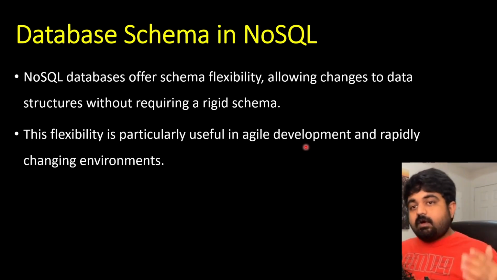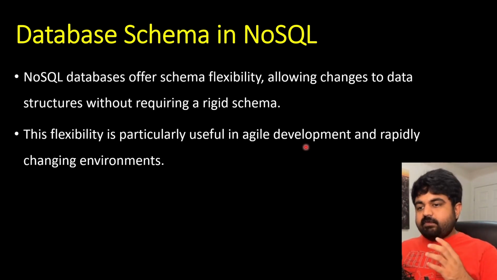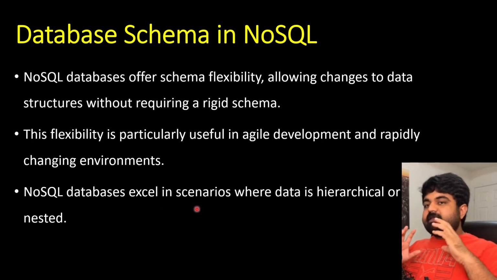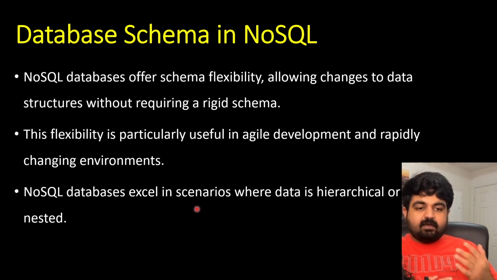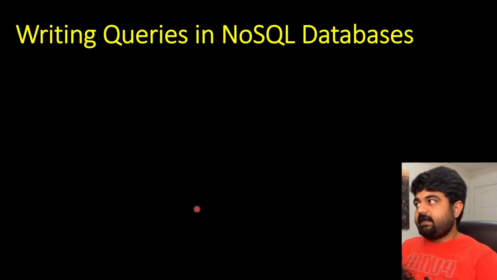In all of these scenarios, NoSQL provides great tools for storing that kind of data. It is also very good wherever the data needs to be hierarchical or nested, because that is not very easy to implement in SQL databases. So NoSQL has a lot of advantages in that regard as well.